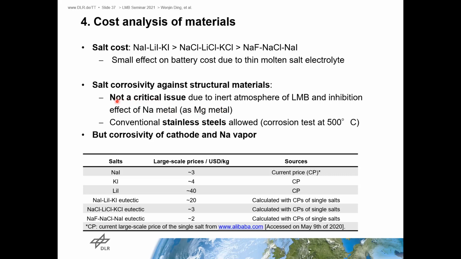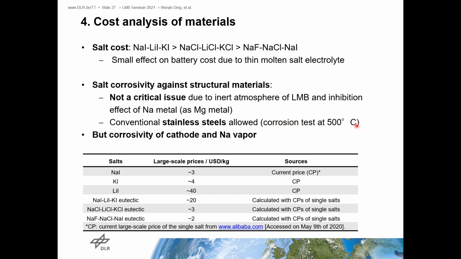So we think it's not a critical issue, because the liquid metal battery is operated under an inert atmosphere, and also it has the inhibitor effect of the sodium metal. So regarding the salt corrosivity, conventional stainless steels can be used.